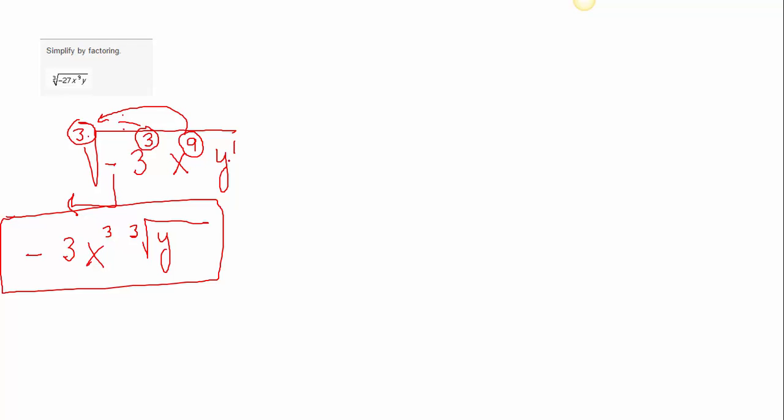Now y is to the power 1, and 1 divided by 3 is not going to simplify, so we'll keep the y inside the radical, and that would be the final answer. So here we simplify this to come up with minus 3 x cubed and then cube root of y.